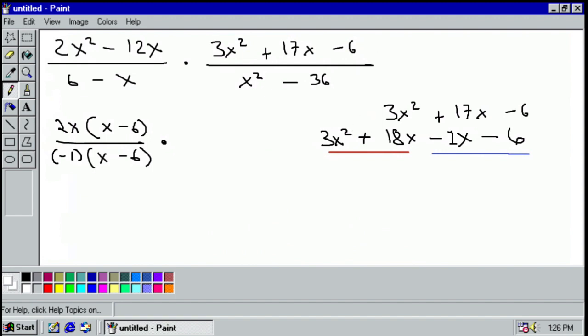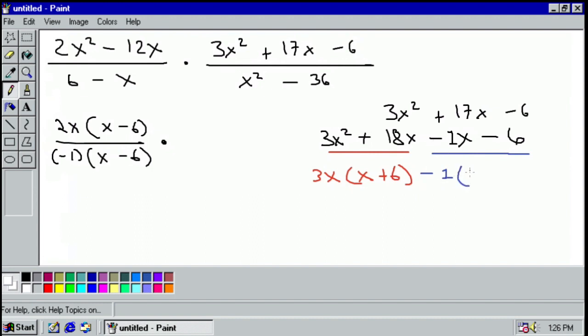So let's have this again. 3x. So it's still just the same as earlier, just the signs have changed. So x plus 6. Then here we can factor out negative 1.